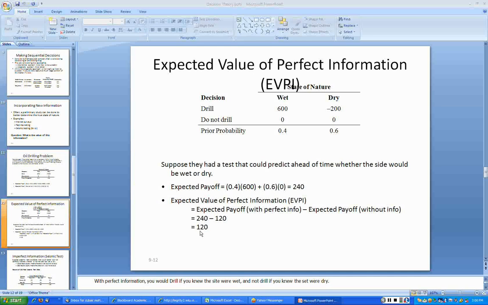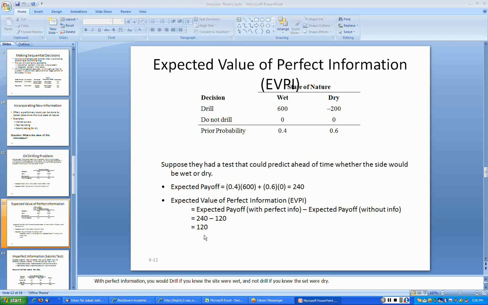Any seismic survey that we do will not come out with perfect information, but good information is what it comes up with. So the best that sort of information can get us is an improvement of $120,000 over what we could do without that information.